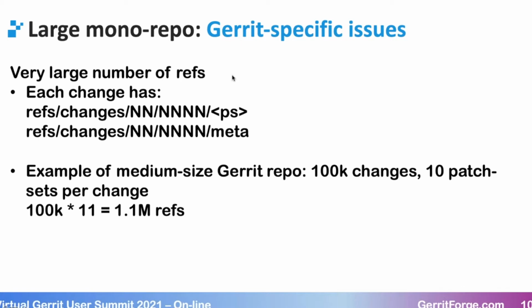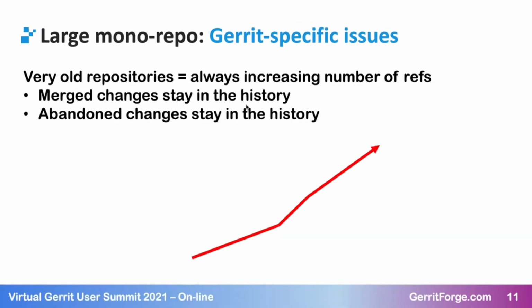However, why is this a problem? Let's say you think that these are big numbers. Even if you reach these numbers, things are not going to get better. They are going to get worse over time. Because in Gerrit, whenever you merge a change, do you remove the old change? No. And even when people upload changes that never get merged and are abandoned, they will still exist in the history, so they will still exist in the refs.